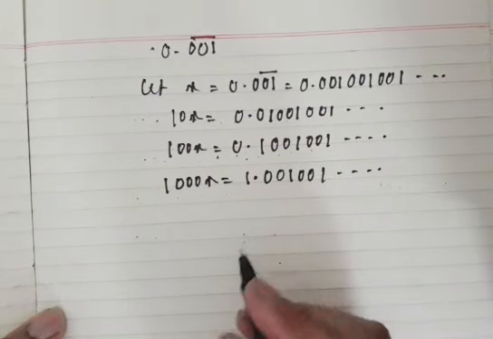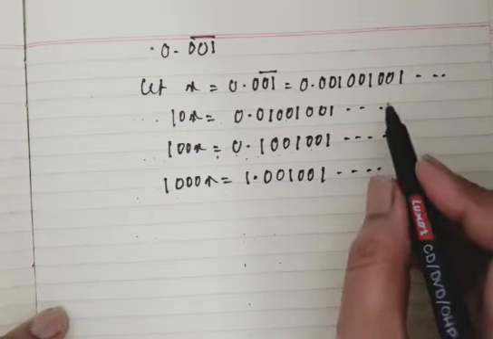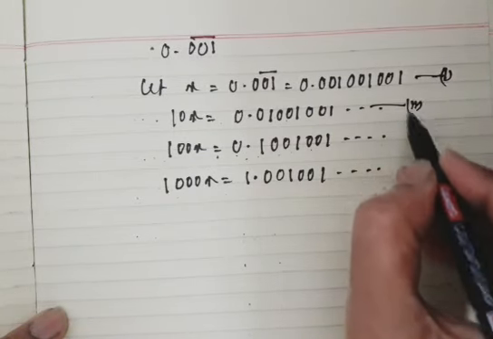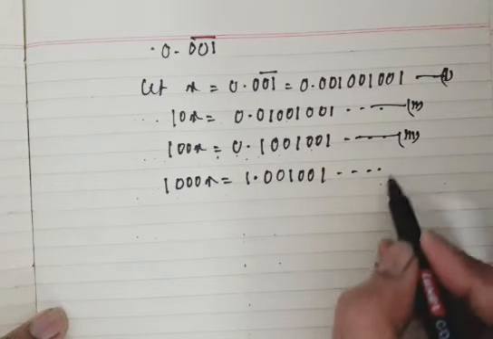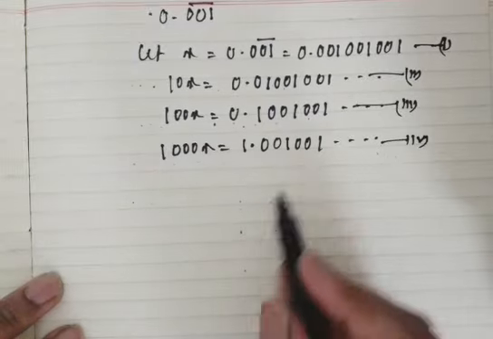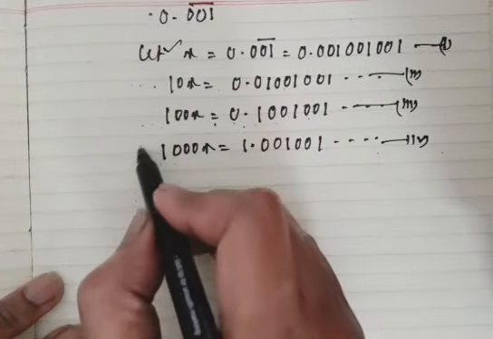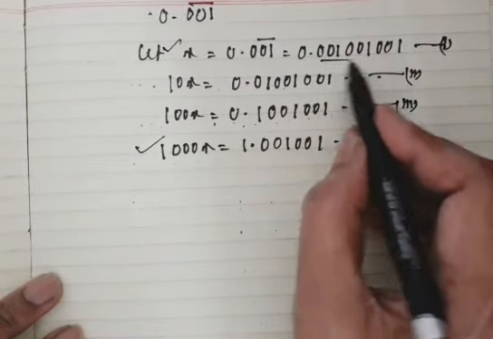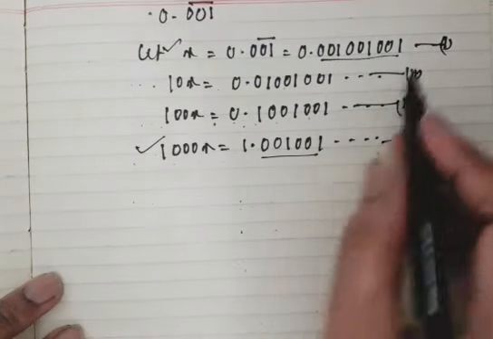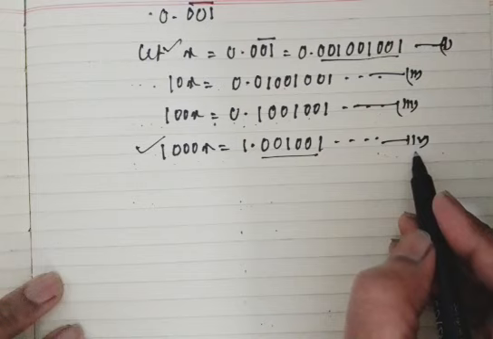So if this is your equation 1, this is equation 2, equation 3, and equation 4. Here in equations 1 and 4 the decimal parts are equal. That is why we need to subtract equation 1 from equation 4.